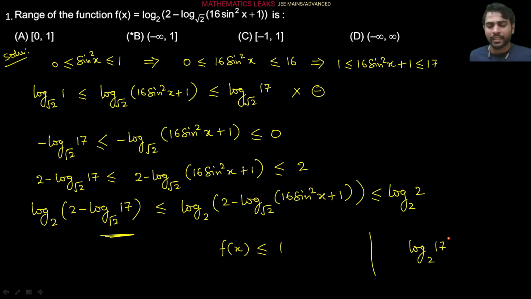Here the power was 1 for 17. So 1 upon 1 by 2 means argument and base power will come in fraction form: 17 power 1 upon base 2 power 1 by 2, so it will be 1 upon 1 by 2, which is this one, right?